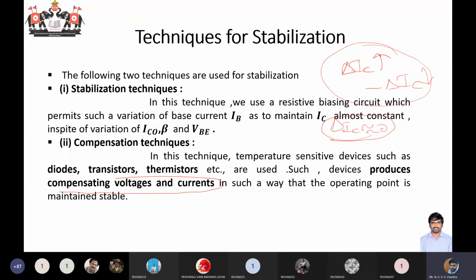First we'll be seeing the stabilization techniques, in which we'll try to maintain IC as constant in spite of the variation of IC0, beta and VBE, by means of using some resistive networks. Second is the compensation techniques, in which we are going to use temperature sensitive devices which produce compensating voltages and currents such that your IC does not change appreciably.